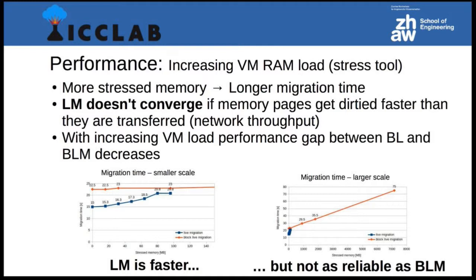But with block live migration, we were able to migrate almost everything, no matter how high the load was, because by default, the block live migration just suspends or pauses the VM during the migration.